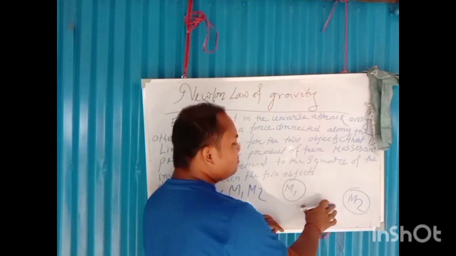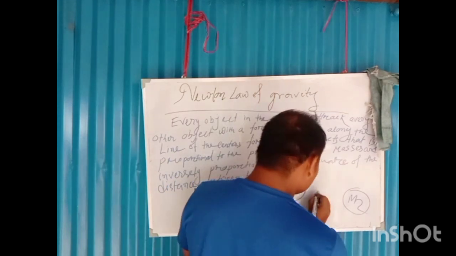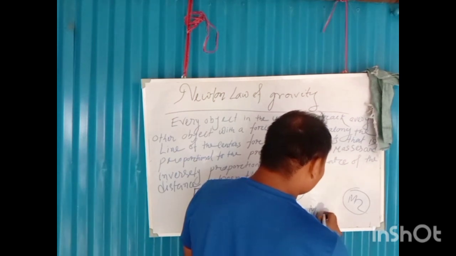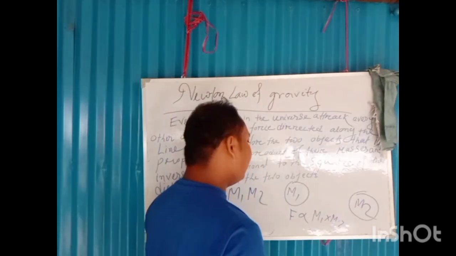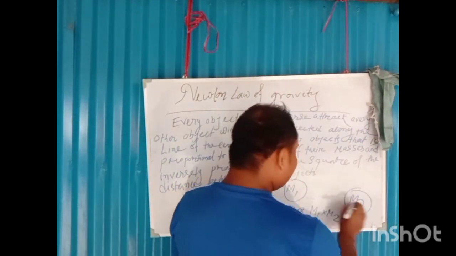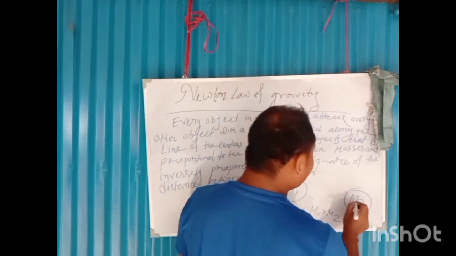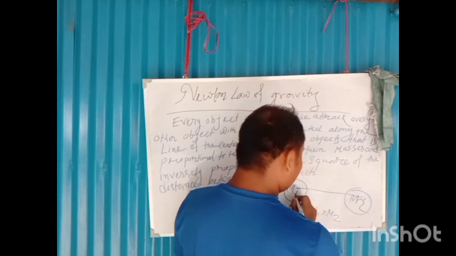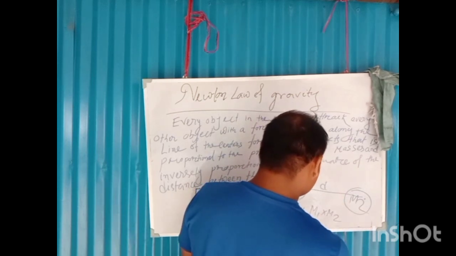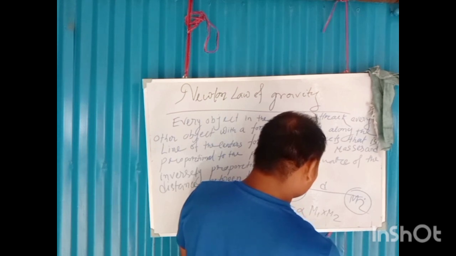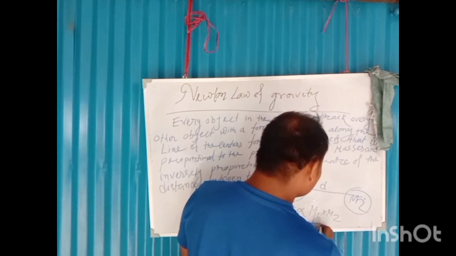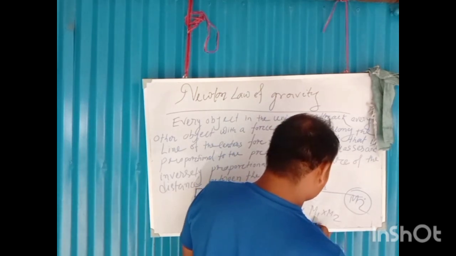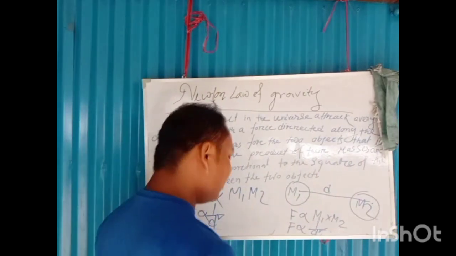The attraction force between the two masses is, first, F proportional to the product m1 into m2. Next, the distance between the two masses is measured from center point to center point. The second statement is that F is inversely proportional to the square of the distance between the two masses. This is the main law.